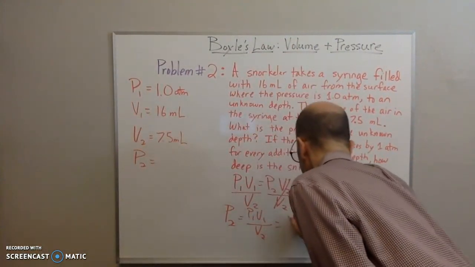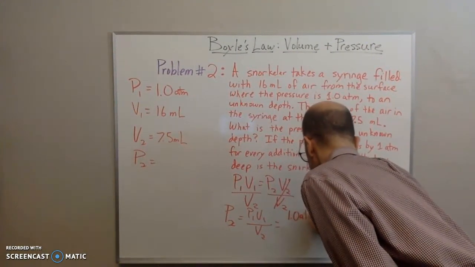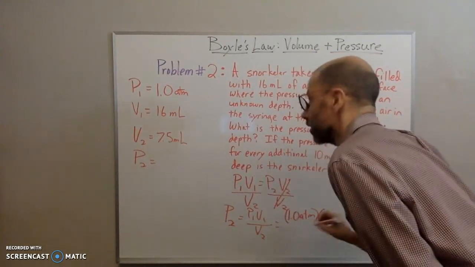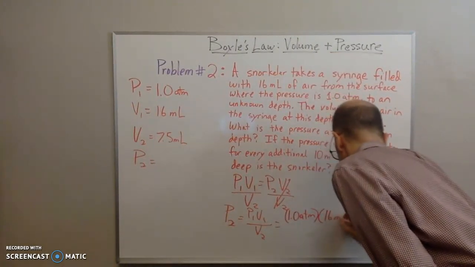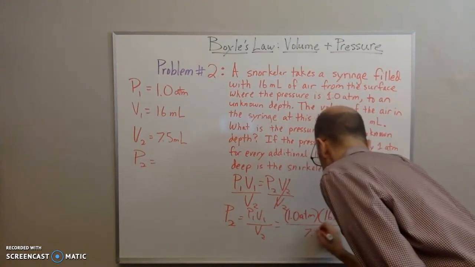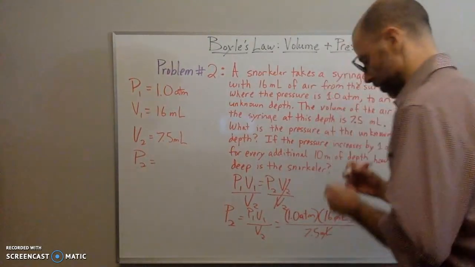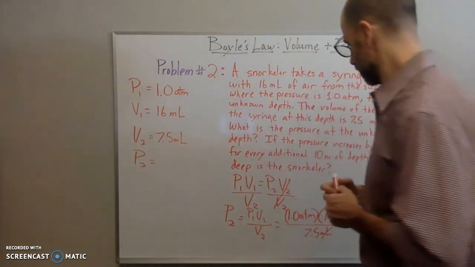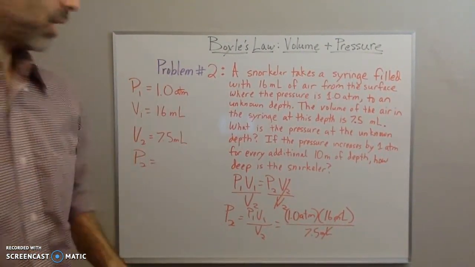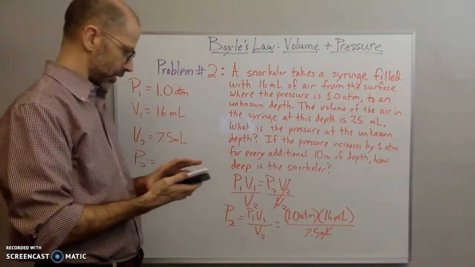P1 is 1.0 atm, V1 is 16 milliliters, and V2 is 7.5 milliliters. Milliliters cancels out, leaves me with atm for pressure. Now all I need to do is get my calculator and calculate.